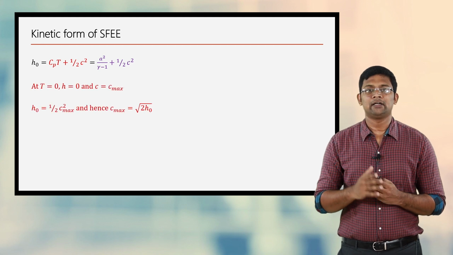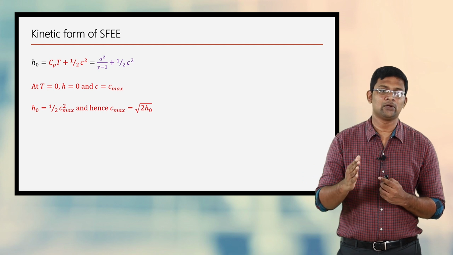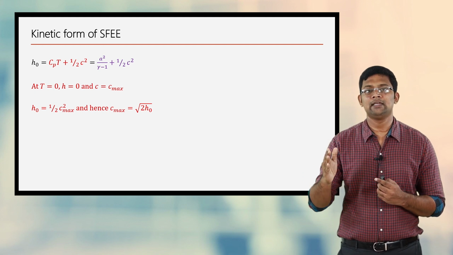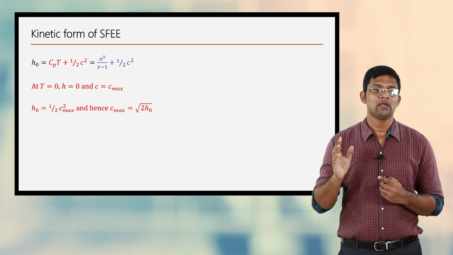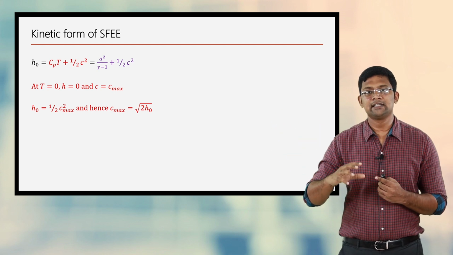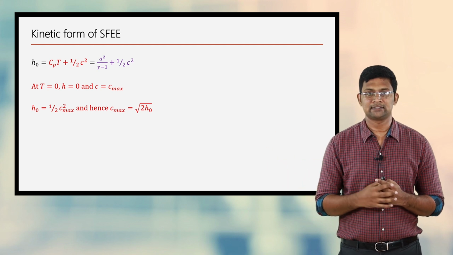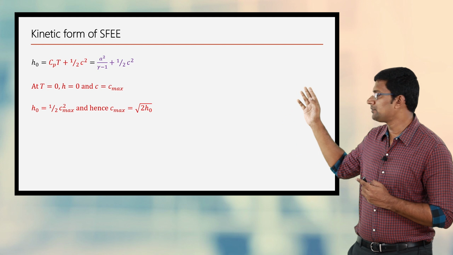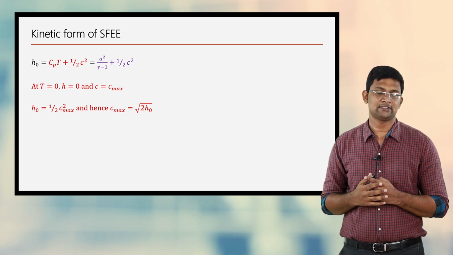In the first part, we are taking the temperature T is equal to 0. If temperature T is equal to 0, H, the enthalpy, is also equal to 0, because H is equal to CpT. And then if the temperature is equal to 0, the velocity will correspond to the maximum velocity Cmax. Why? You can see the expression for enthalpy H0 is equal to CpT plus half C square.